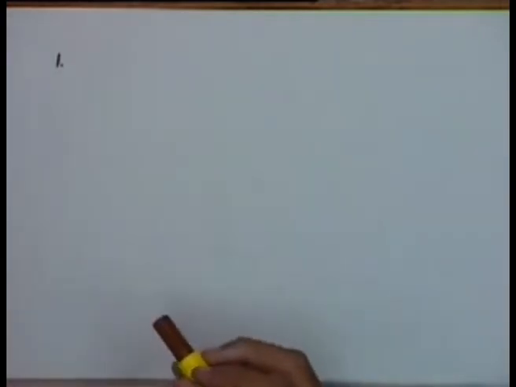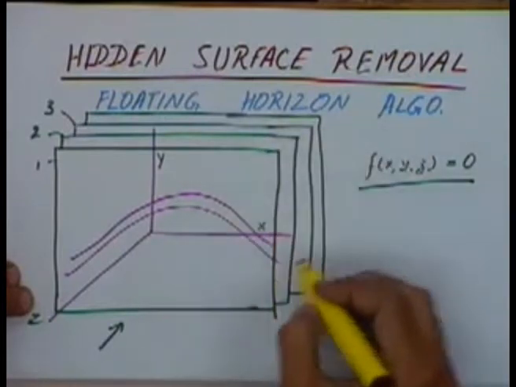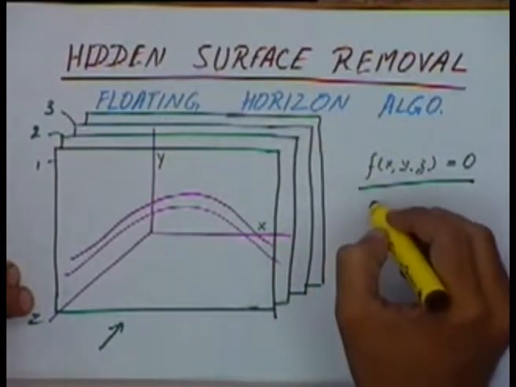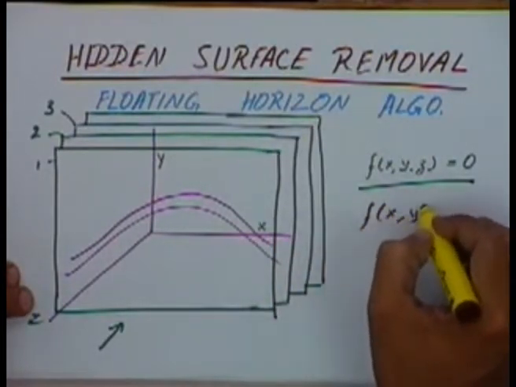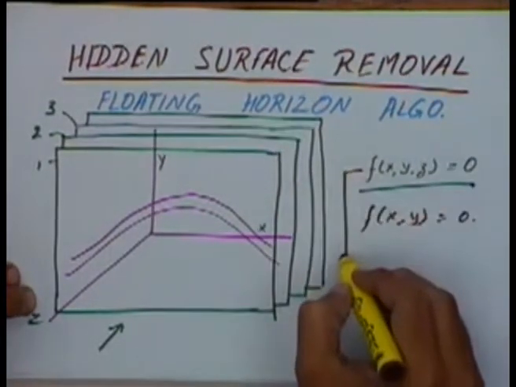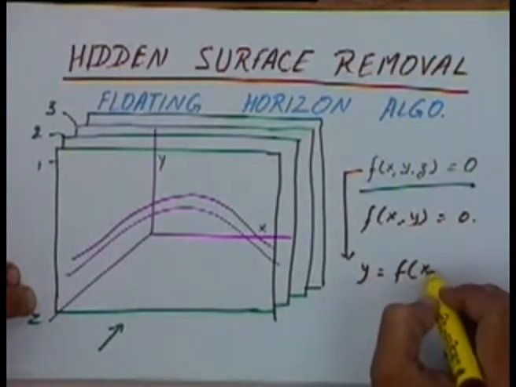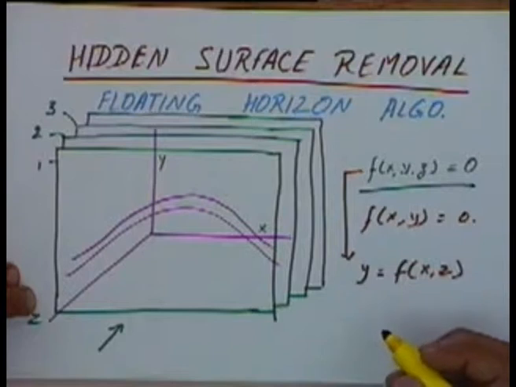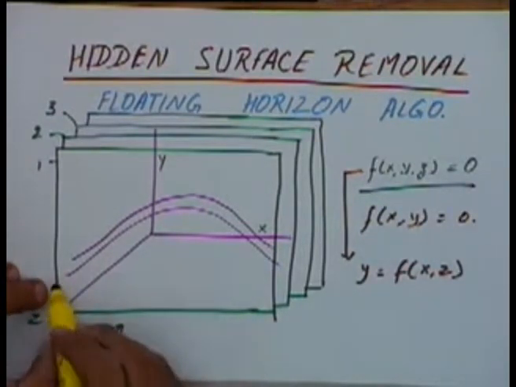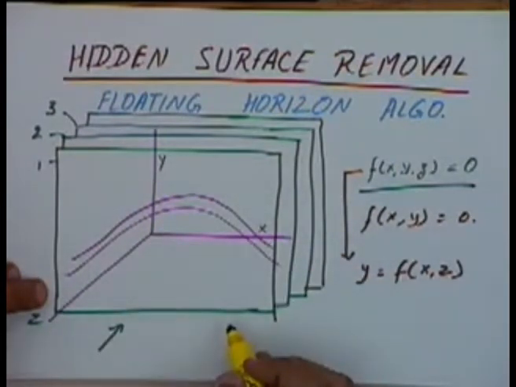The first step is that we've taken a set of planes, and for each of these planes we've got a curve. That curve is of the form of this. Essentially what we are doing is we are rewriting this as y is equal to f of x, z, because we want to compute the y value for the different curves at different x and z locations.